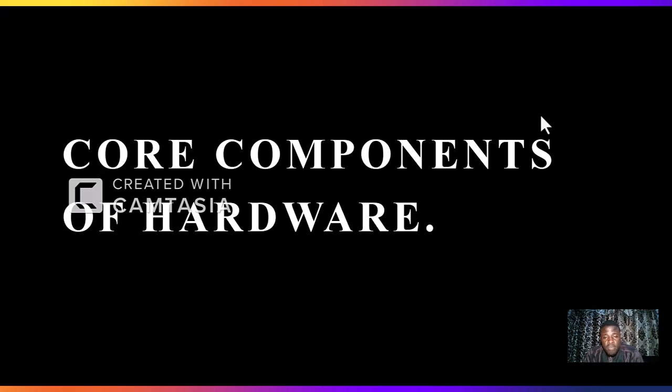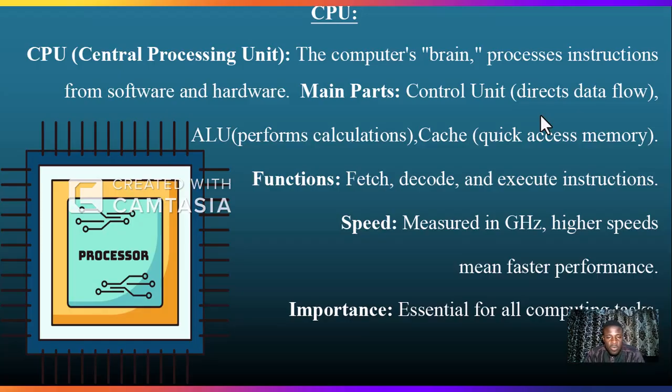What are the core components of hardware? We have the CPU. You can see from the screen, the full meaning of the CPU is the central processing unit, and it is the computer's brain that processes instructions from software and hardware.